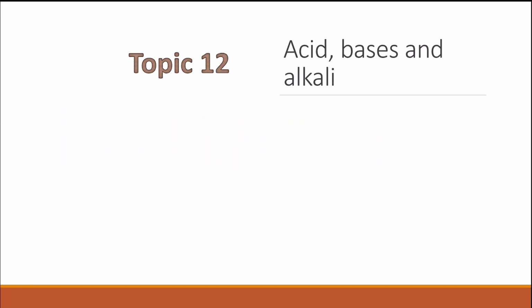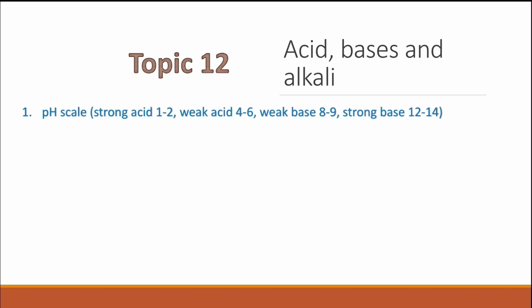Acids, bases and alkalis, they come up in the exam from time to time. The most important thing that you need to know about acids, bases and alkalis that will come up in the exam is the pH scale. So they like to ask you, this is a weak acid, what do you expect the pH to be? It's like multiple choice. So if it's a strong acid, the pH will be like 1 or 2.